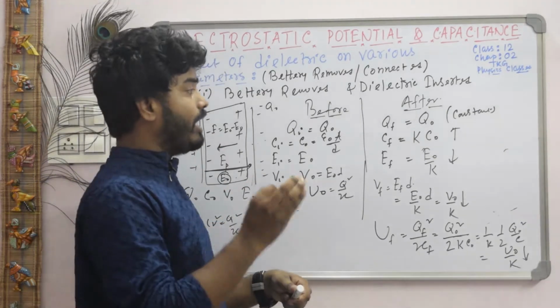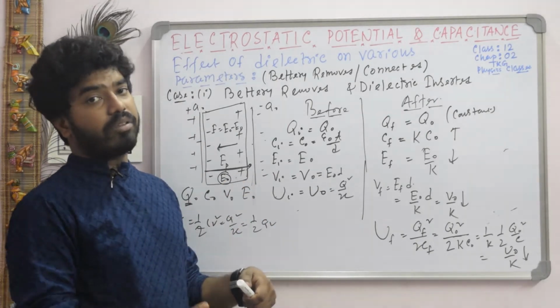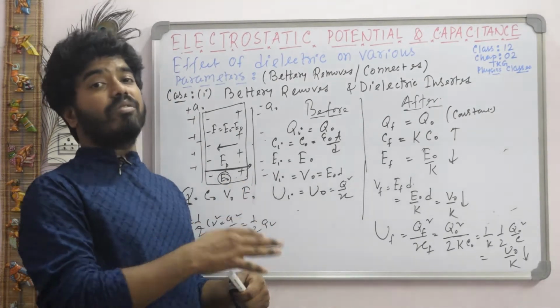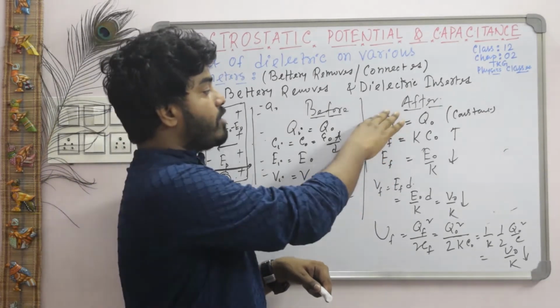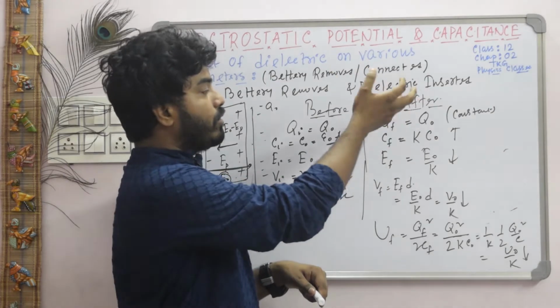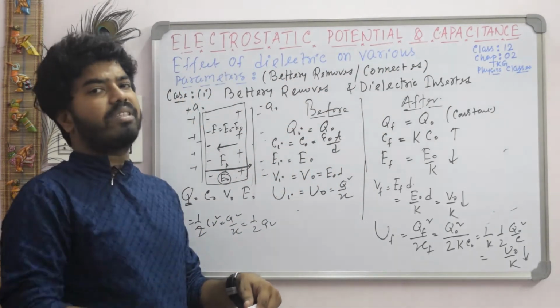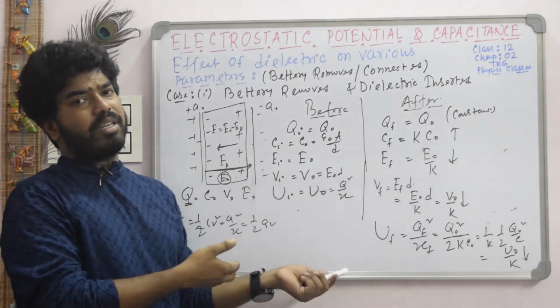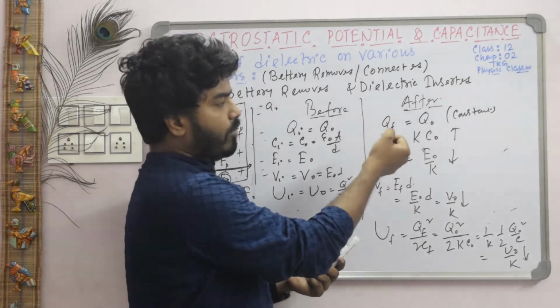So here one important point, that is after removing the battery or cell, the charge remains constant, charge doesn't change. So when charge remains constant, and you know for introducing a dielectric slab, the capacitance increases. It may be battery removed or connected. Okay, then you find out the final potential energy.